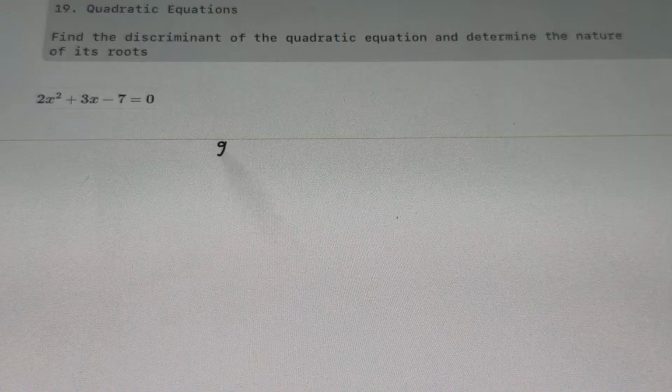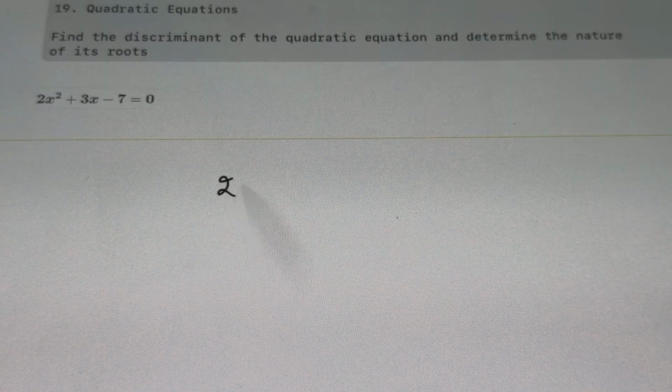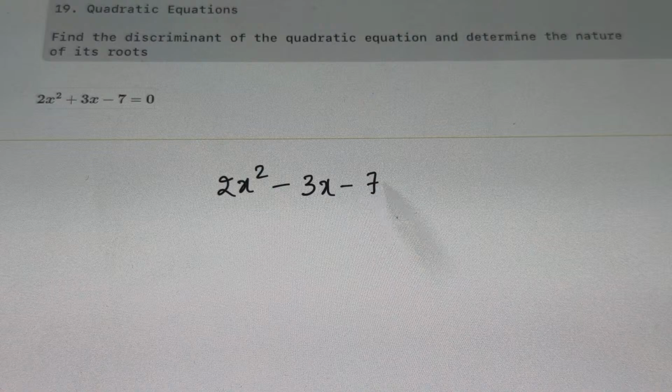So the given equation is 2x square plus 3x minus 7 equals 0.